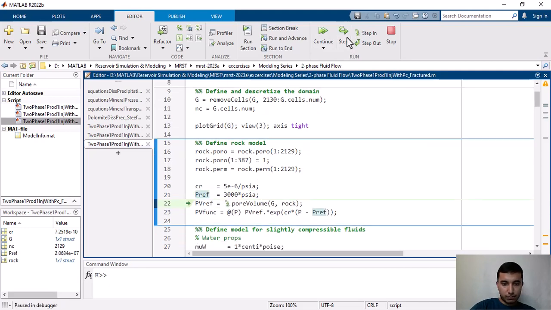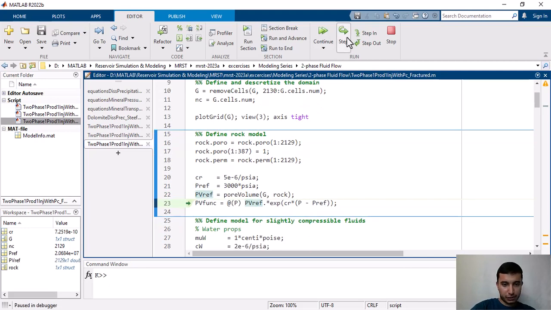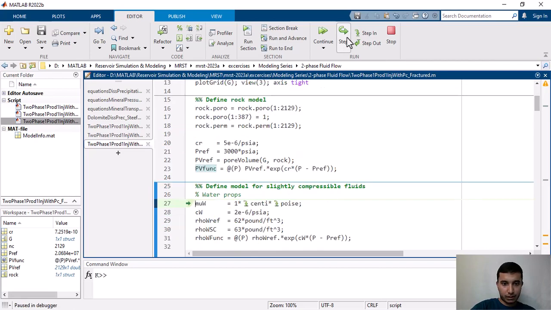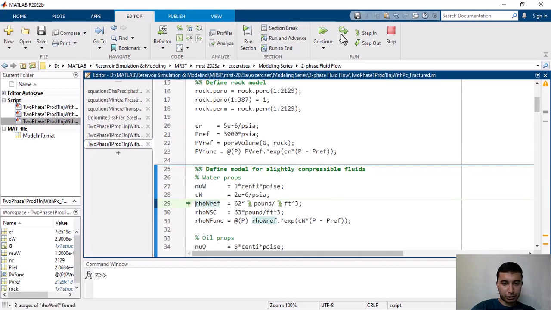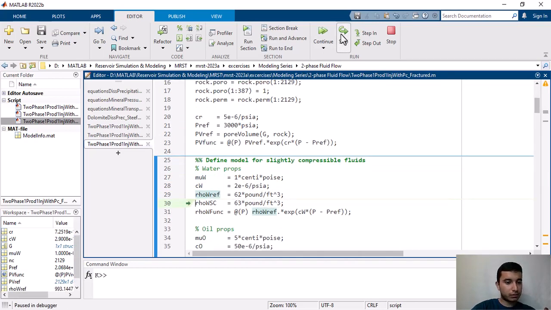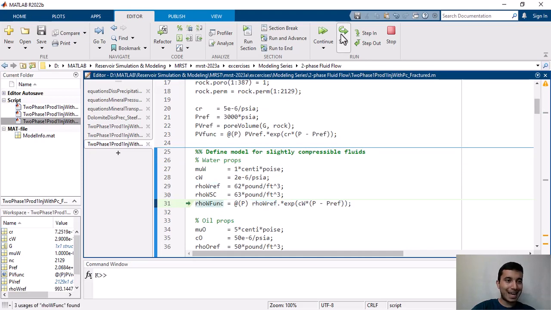That was the only difference between the non-fractured code and the fracture code. The other sections are exactly the same.